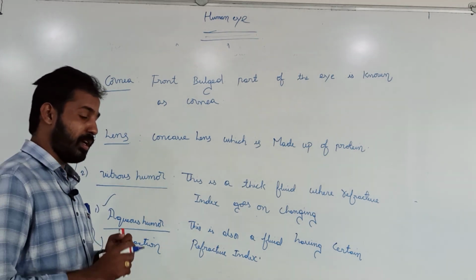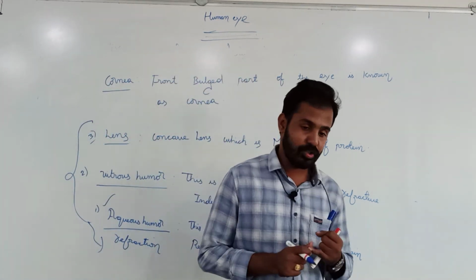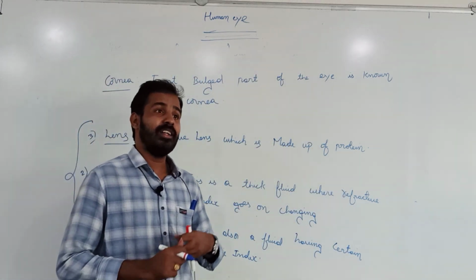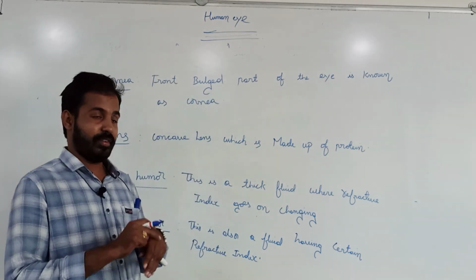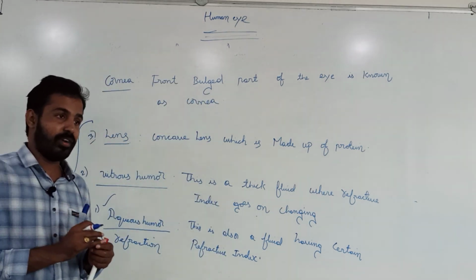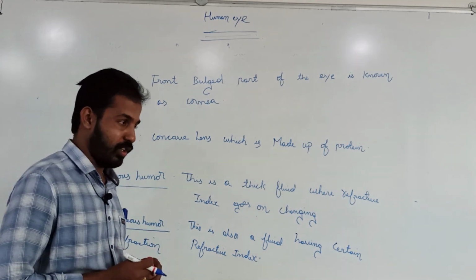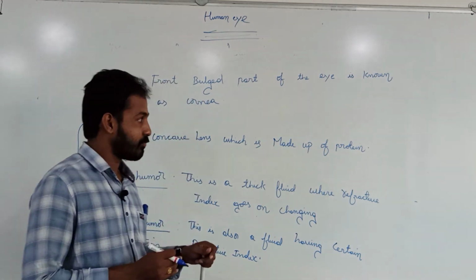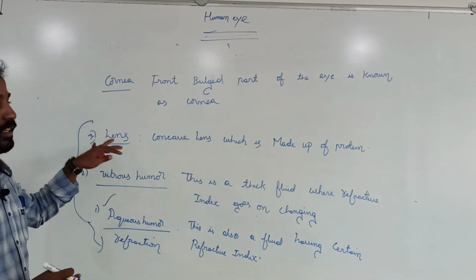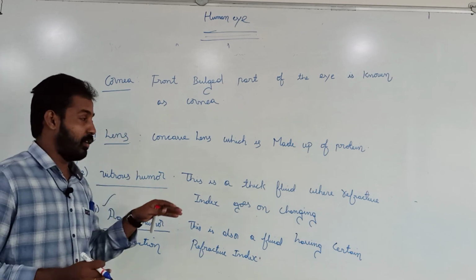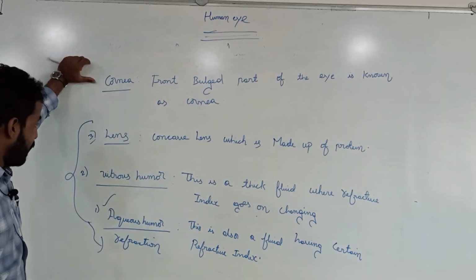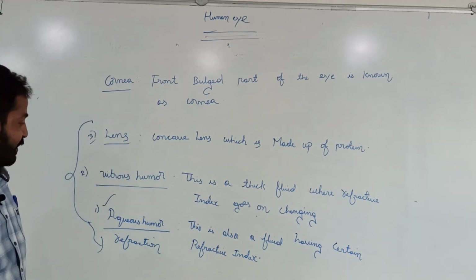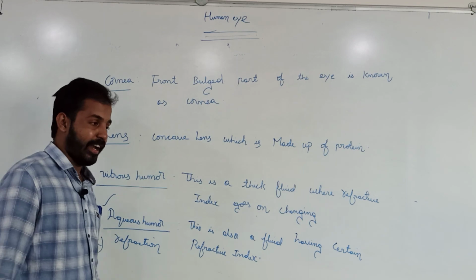I have discussed 12 parts mainly. The first part is sclerotic, the second is choroid, the third is retina, the fourth is optic nerve, the fifth is ciliary muscle, the sixth is iris, the seventh is pupil, the eighth is cornea, the ninth is lens, the tenth is vitreous humor, the eleventh is aqueous humor.